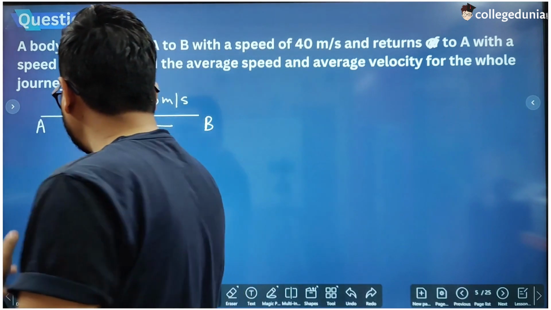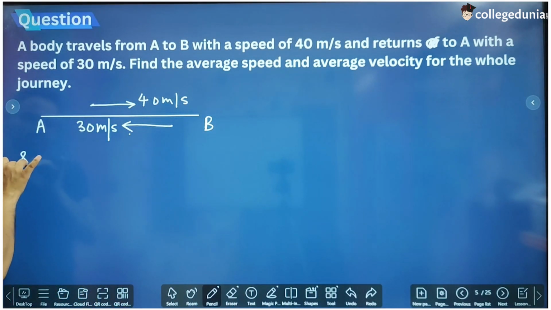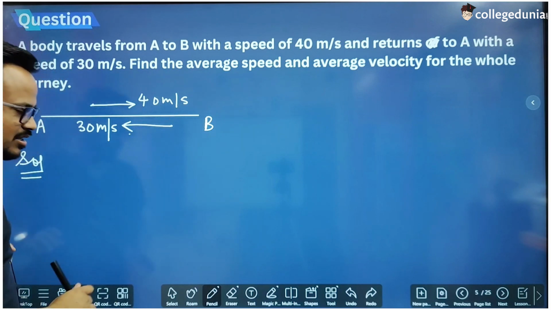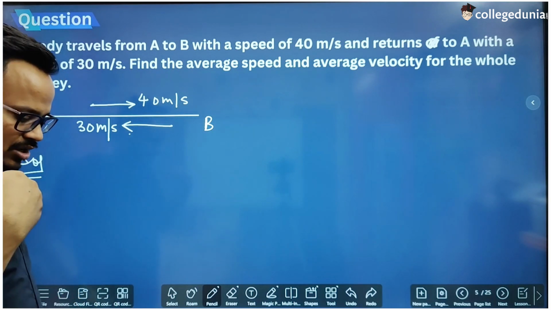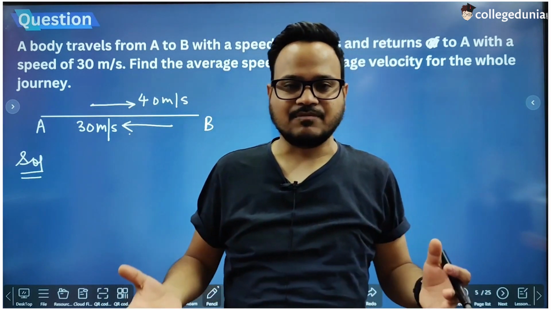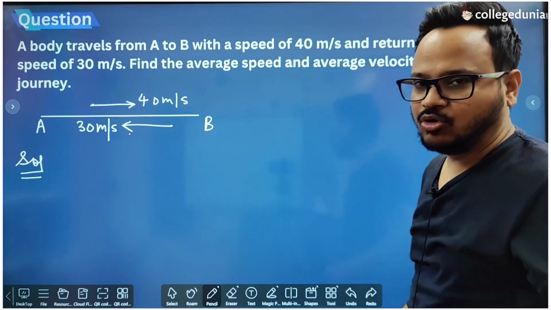Students find this question difficult, but it is very easy, because if you take this distance AB as x, then the distance while going from A to B and coming back from B to A is the same, since the body covers the same distance, first AB then BA, both are x.